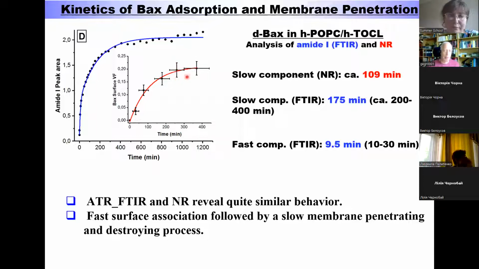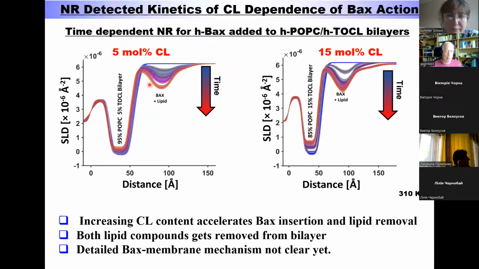What you see finally at the end is a fast movement, which is around 10 minutes, which is probably protein adsorbing. And then you have a slow component, 100 to 300 minutes, where it is perforating or going in and making pores. We made a couple of measurements, and this works quite nicely, both agree. And what we are doing now, we looked at cardiolipin a little.